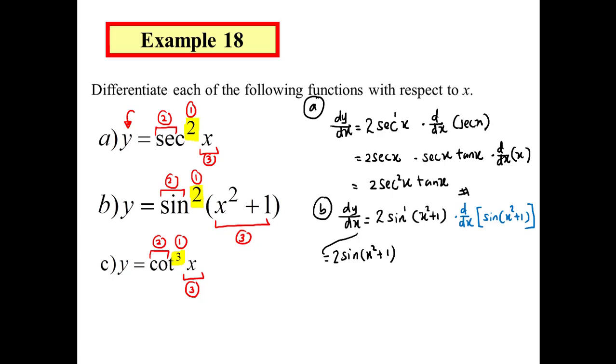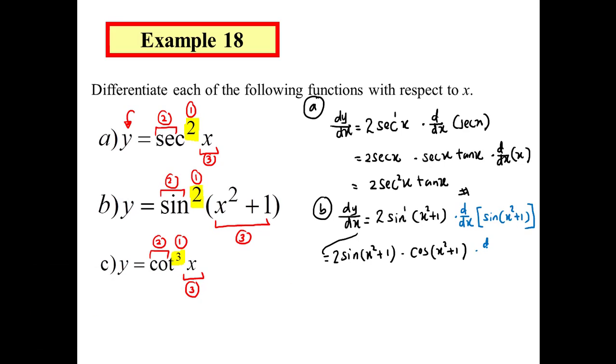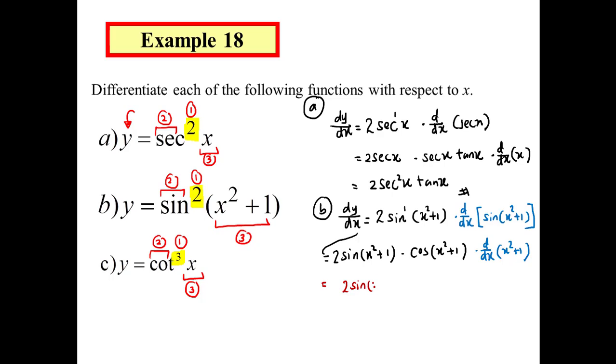Just copy it down. Differentiating sine, we get a positive cos of x squared plus 1. And the third layer is a quadratic, so we differentiate x squared plus 1. So lastly we can complete the differentiation, which is equivalent to 2 sine of x squared plus 1, cos of x squared plus 1.